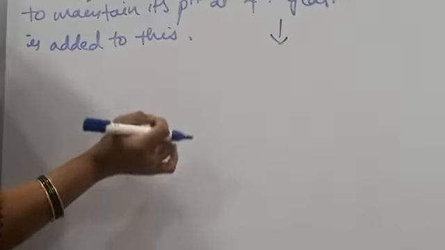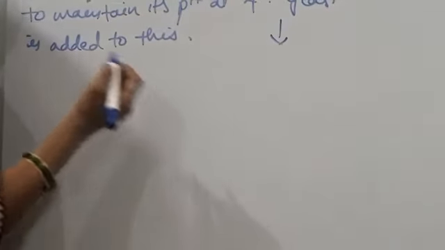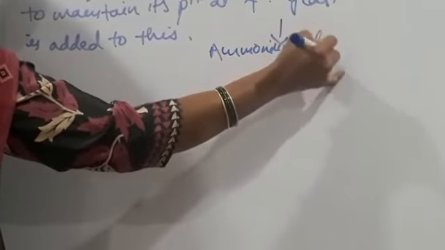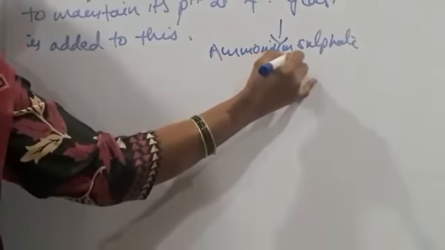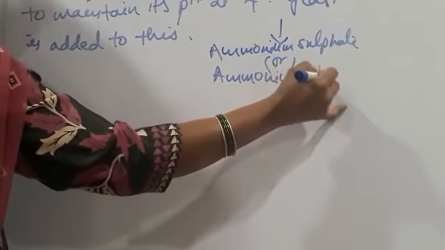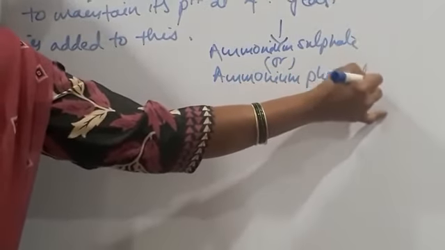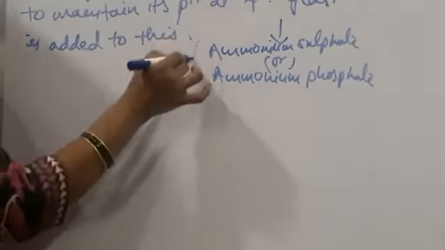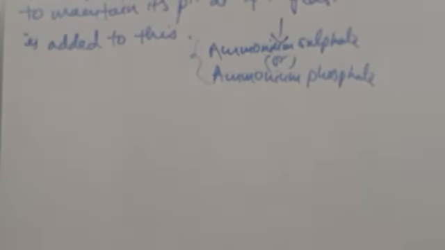The purpose of ammonium sulfate and ammonium phosphate is that they are food for yeast, used to produce enzymes faster.